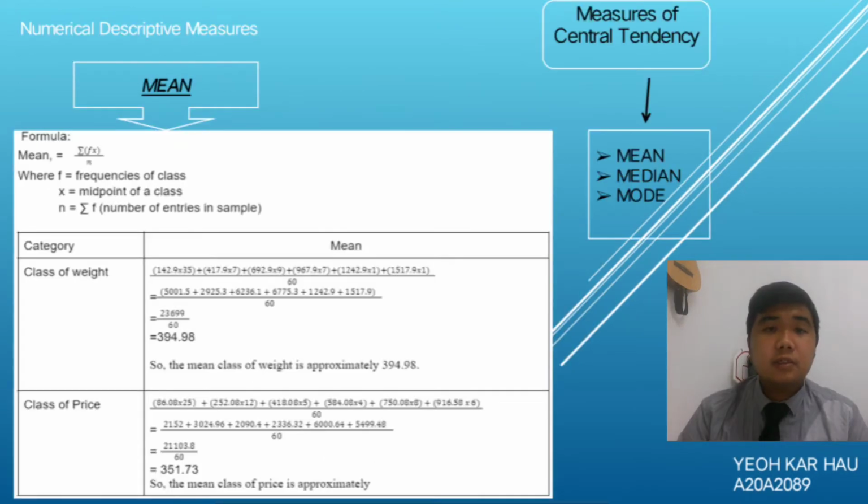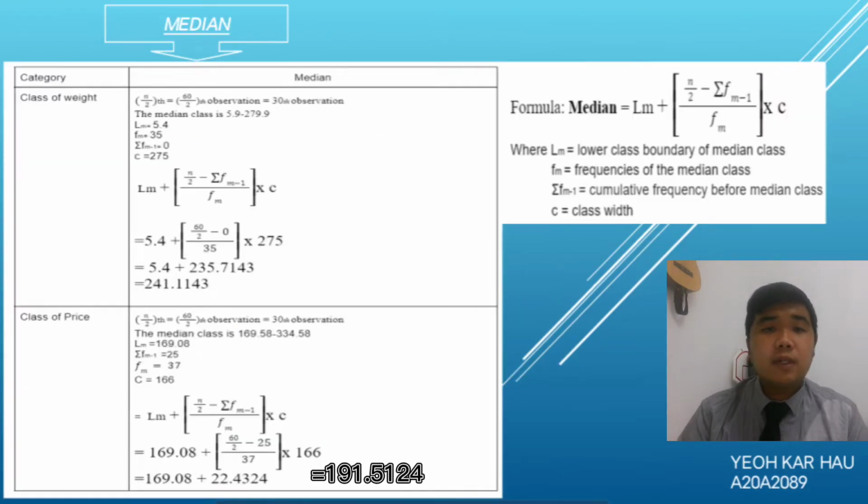Next part is numerical descriptive measure. The first measure is central tendency, which is mean, median, and mode. Mean is the average of the sample. This is the formula. Therefore, the mean of wedge is 394.98 and the mean of price is 351.73. Next is median, the middle of the data entries.